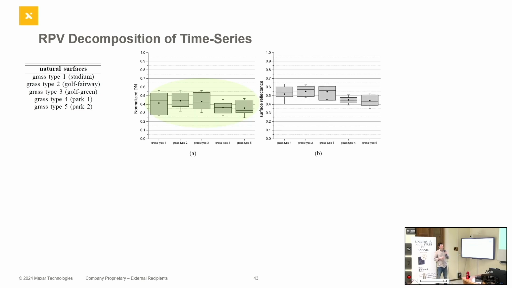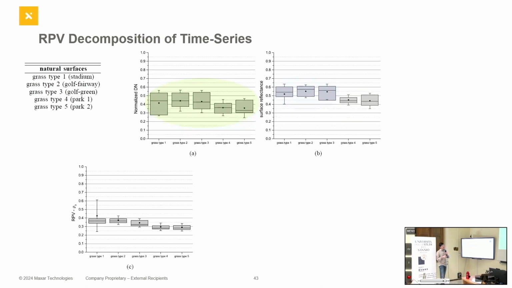If you work with surface reflectance, you can identify at least 2 clusters for the most part. And so you can distinguish between stadium, golf, like fairway and green, and the park grass. Probably, you know, these are much more well-maintained than like a state park.